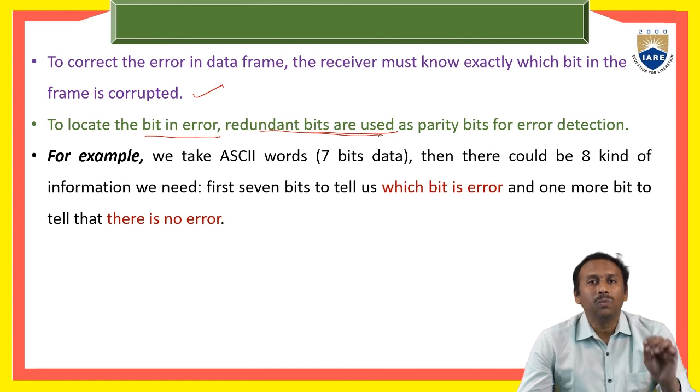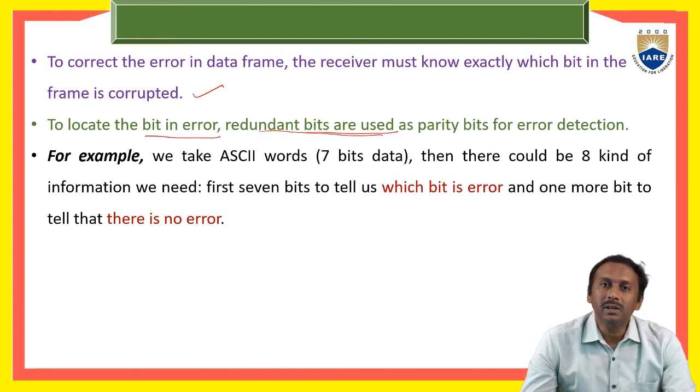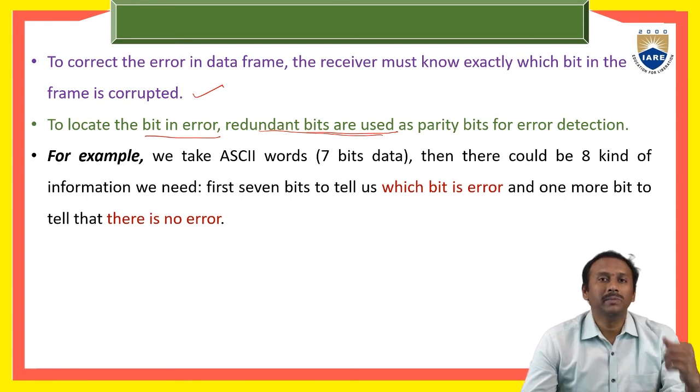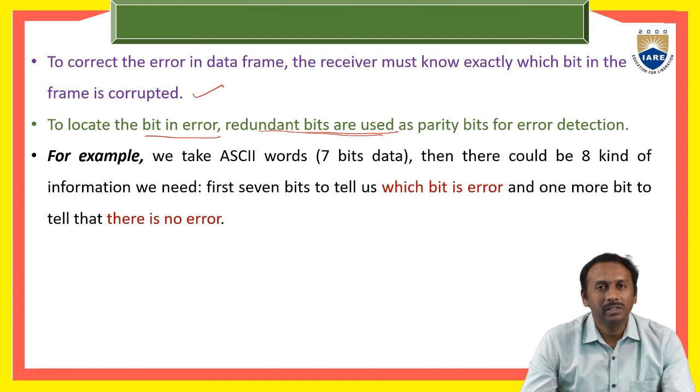The actual data will be present here. Apart from this actual data, the sender adds some additional bits, redundant bits, to the data frame. Based on the redundant bits, the receiver can identify whether the data frame received is a correct data frame or an errored data frame.